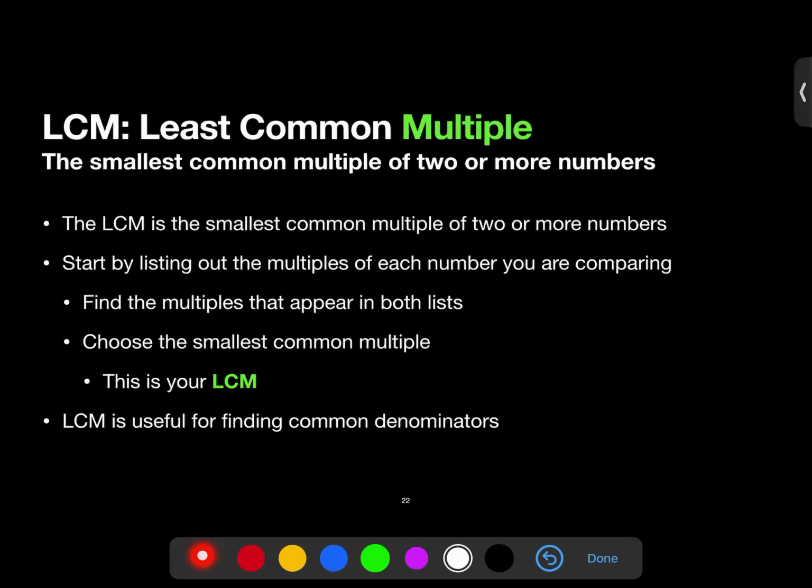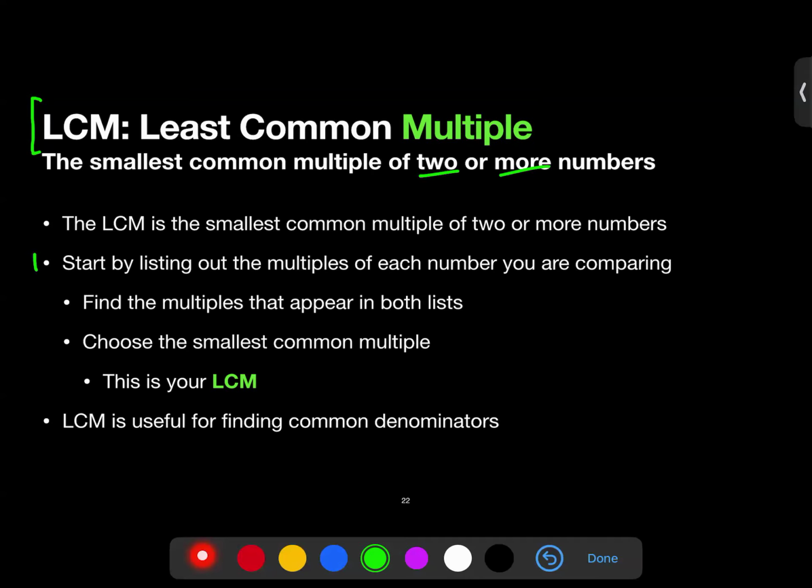So the next concept is LCM and HCF. So LCM is what we call the least common multiple. So it's the smallest common multiple, so multiples that appear in both numbers for two or more numbers.